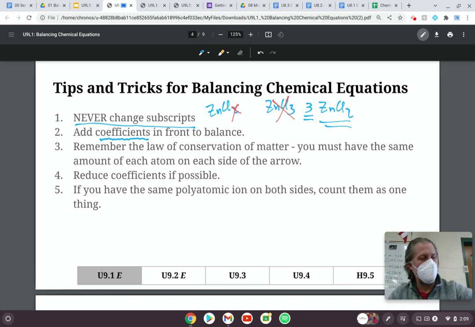So you might recall from your periodic table that you wrote the polyatomic ions on the back of your periodic table, right? Hopefully. If you see a polyatomic ion in a chemical equation and the polyatomic ion is on the reactant side, but it's also on the product side, instead of treating it as individual elements, we treat it as one unit.